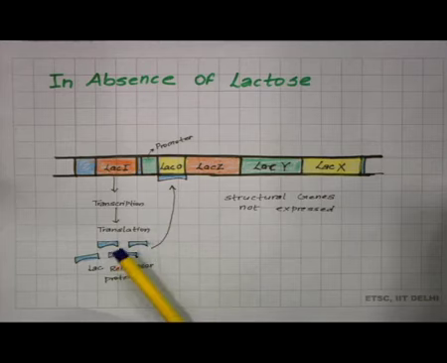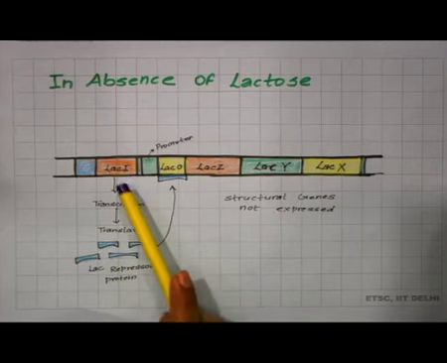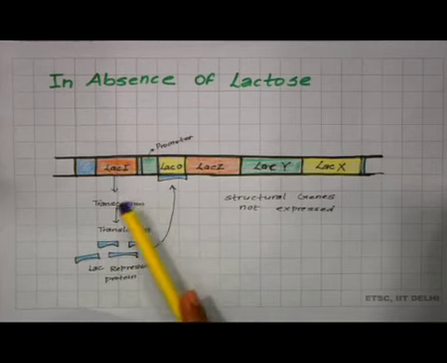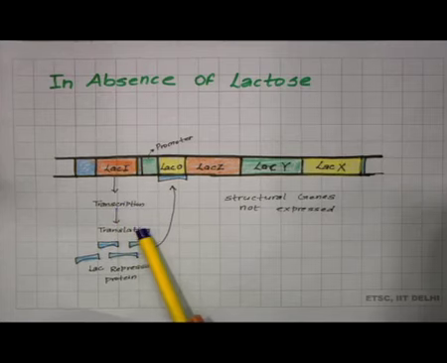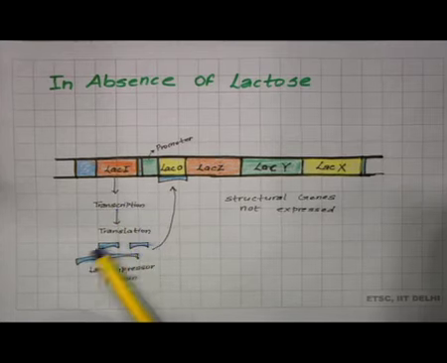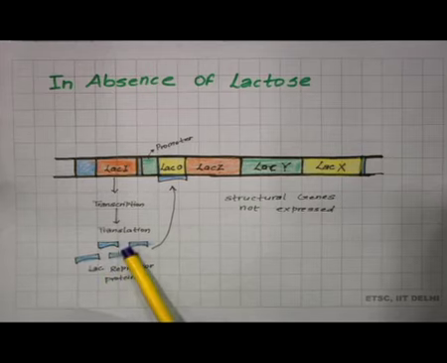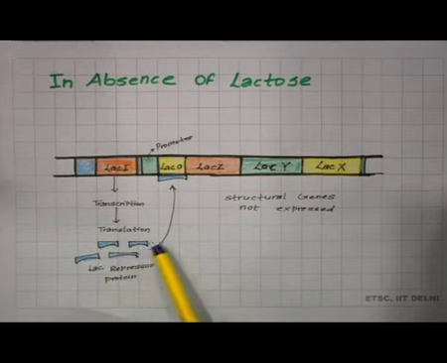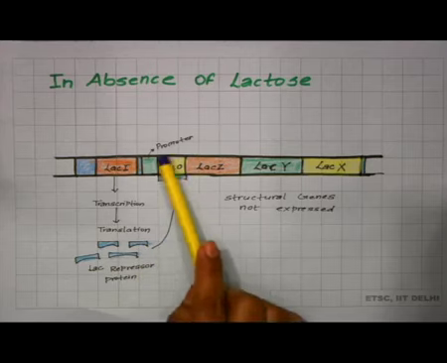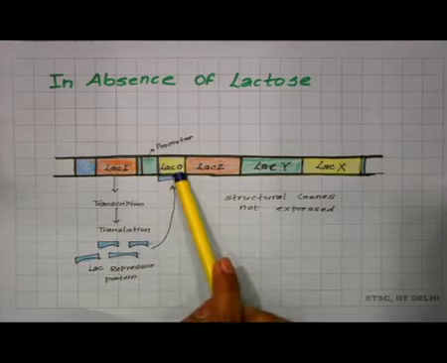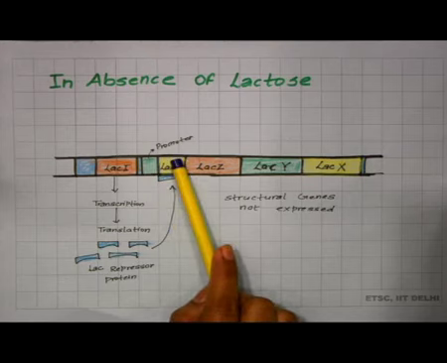So, how does it happen? Lac I, the regulatory gene, will undergo transcription and translation. It will synthesize the lac repressor protein. This lac repressor protein will bind at the operator site and block the operator.